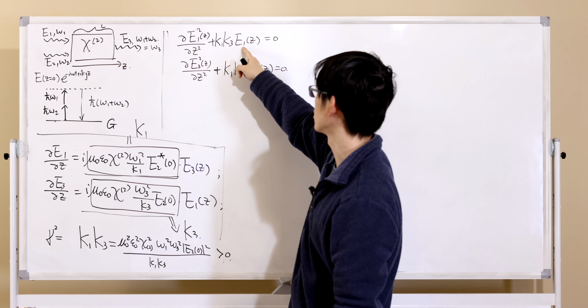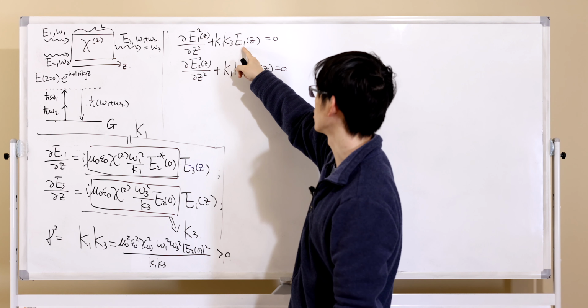What we know is what's being input on the left-hand side, E1, E2, and what we don't know is the output side at z equal L. At the input side, E1 is the light that you input, so E1 at 0 is a known number.